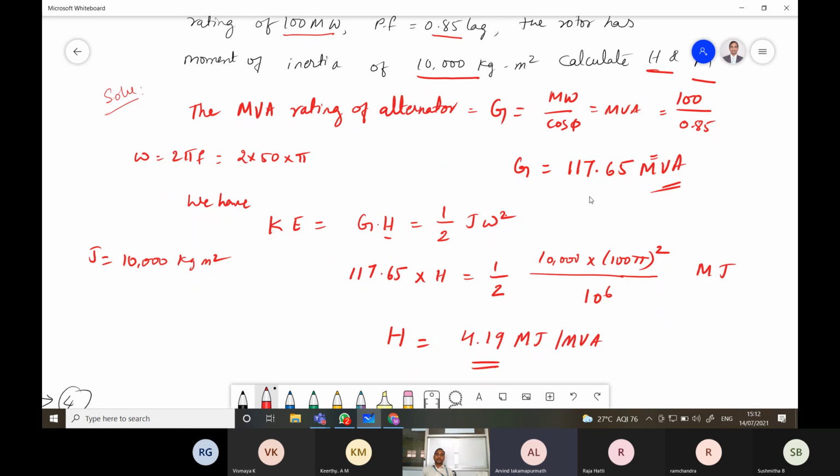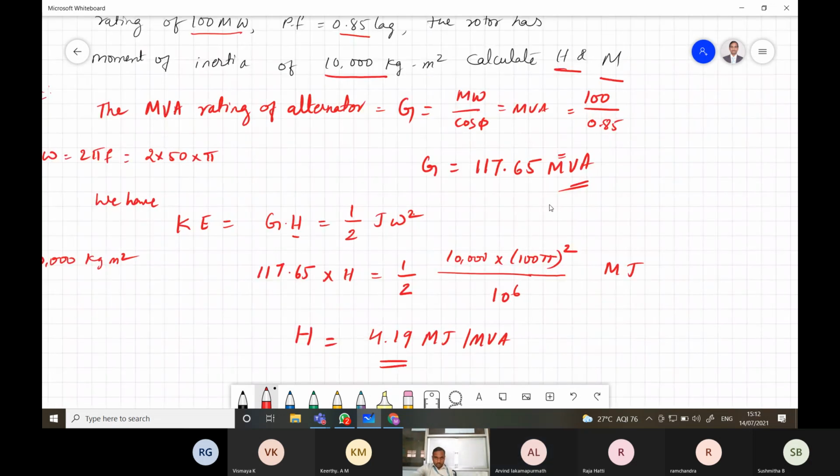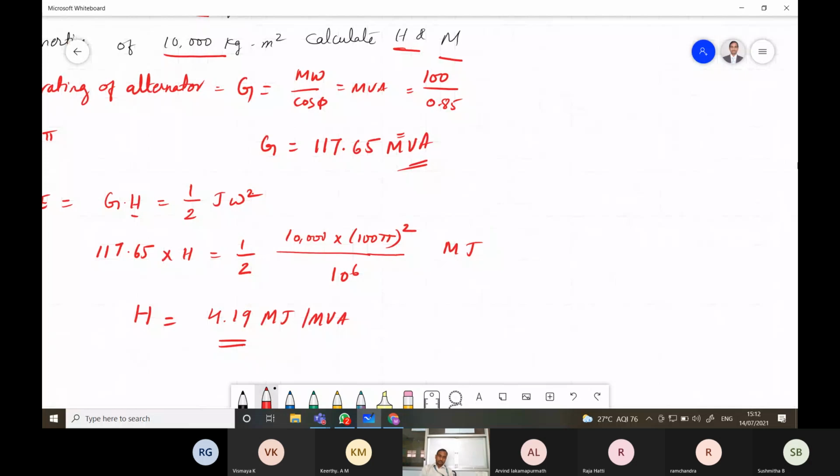So now we need to calculate the value of M. M is equal to GH by 180F. G value is 117.65 into 4.19, divided by 180 into frequency 50 Hz.